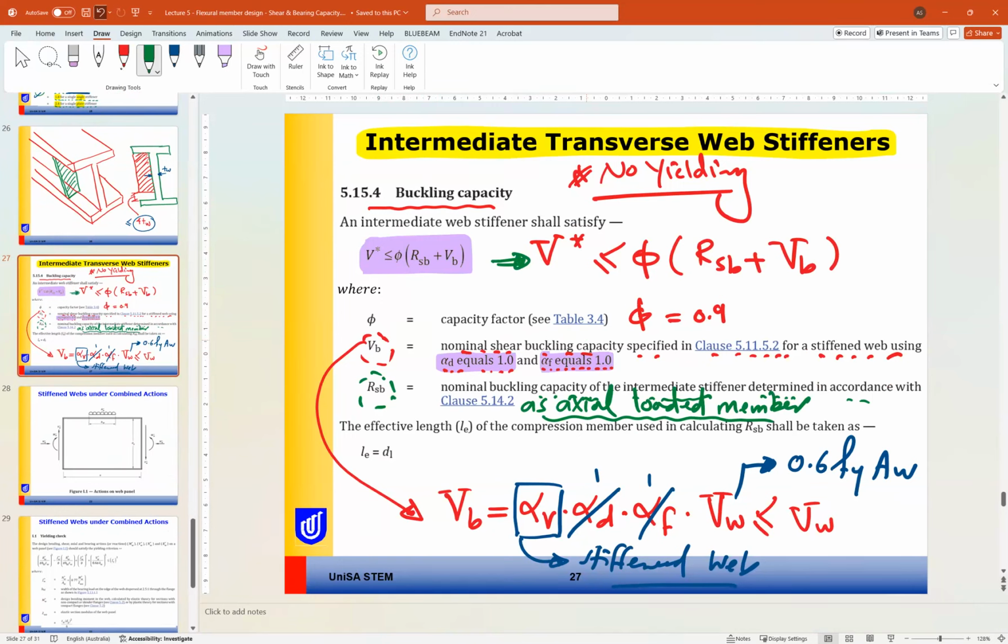So what do you understand from this formula here? This is my question for you. The buckling capacity of the transverse web stiffener is controlled by what, or limited by what? What do you think? We have two components. One of them is RSB, one of them is VB.